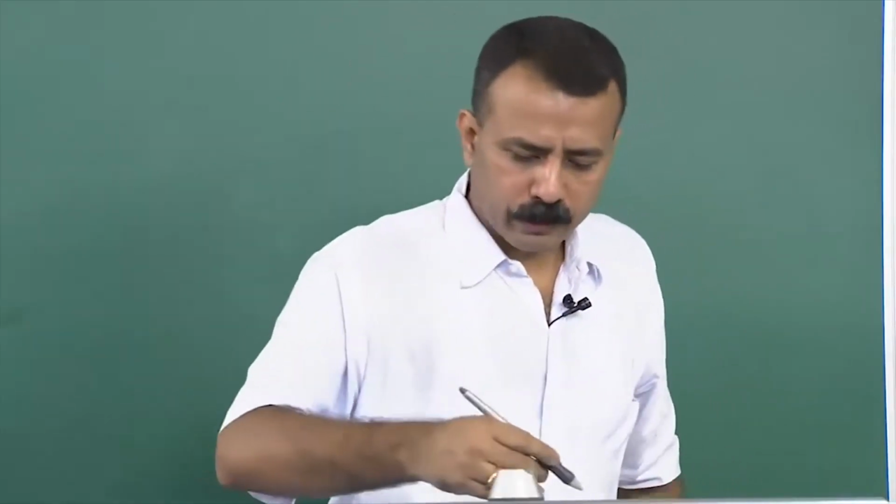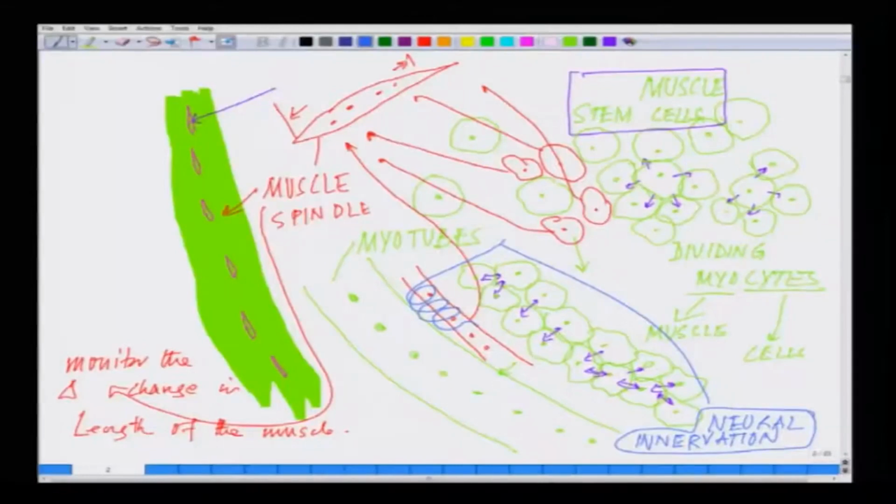Coming back to the slides, if I now redraw it, it will be something like this. These are the myotubes all over the place, and within the myotubes there is another series of different kinds of structures, which are these ones.